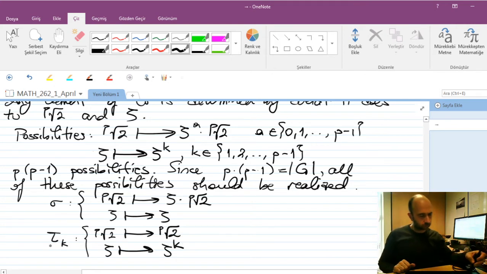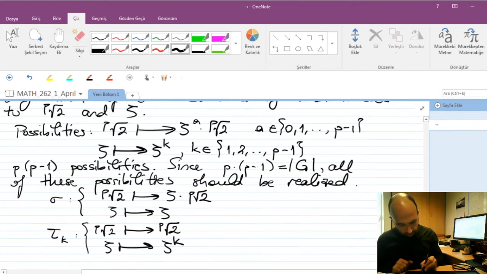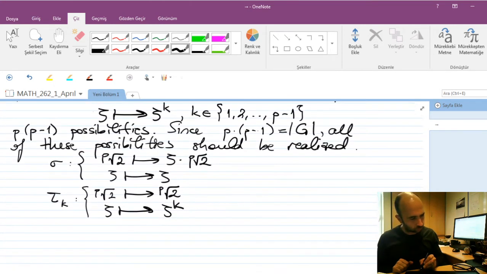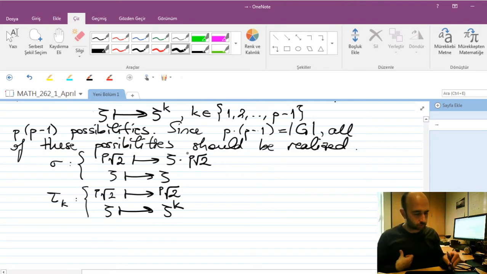I didn't want to just write a single thing here because there's a difference here. I mean, sigma generates some cyclic subgroup, right? So sigma squared up to sigma to the p minus 1, I guess.